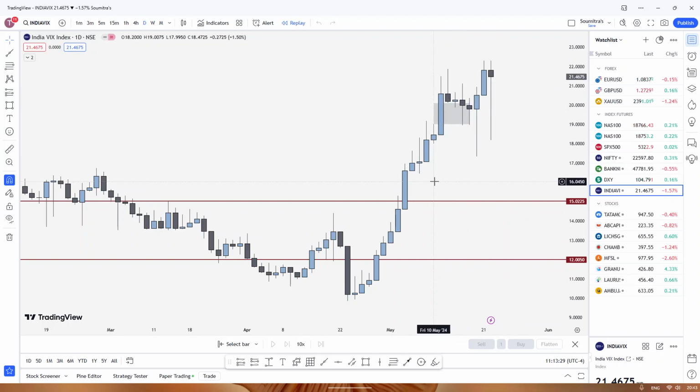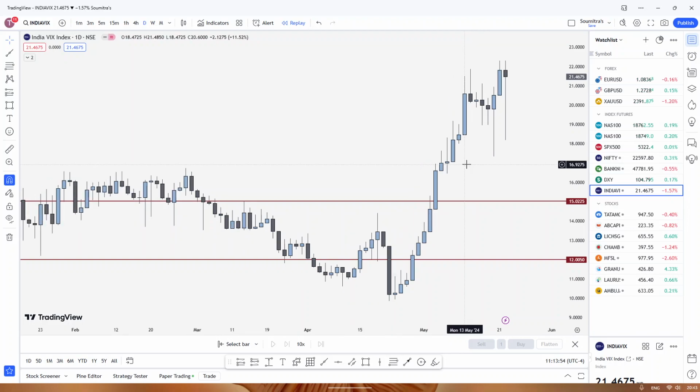Many of us think that when India VIX goes up, Nifty should come down, and vice versa, like India VIX going down means Nifty should go up, and something like that. But in my opinion, this is not a correct understanding of the market. India VIX itself is a measure of the volatility of the market.